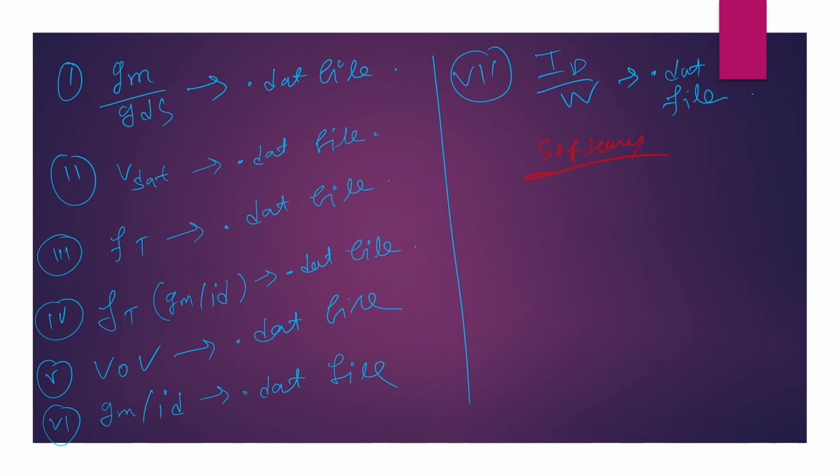Suppose you have a gm over gds .dat file, and you try to plot this data versus the gm over id .dat file.